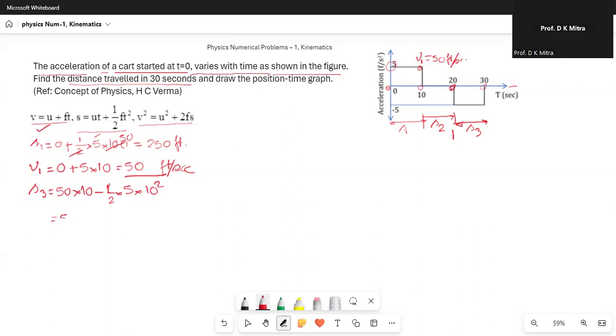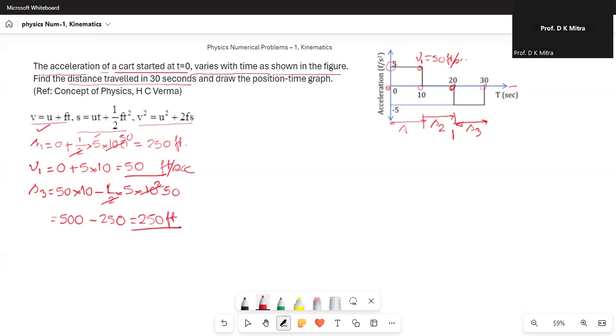This is equal to 500 minus 100. This 100 divided by 2 is equal to 50 here. So 50 into 5 is 250. So this is another 250 feet.